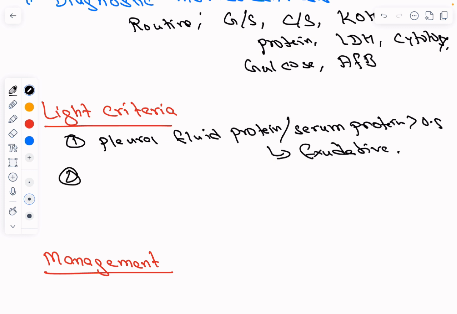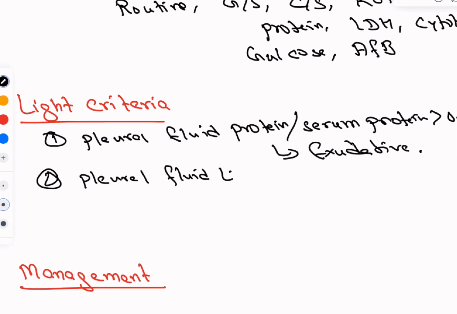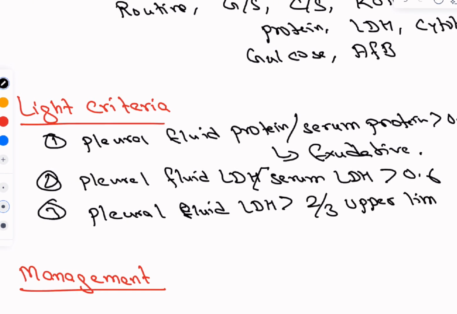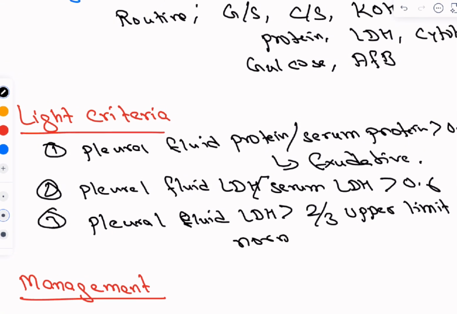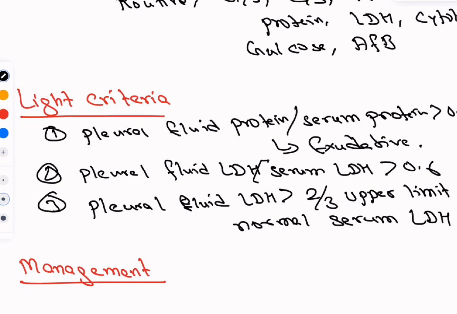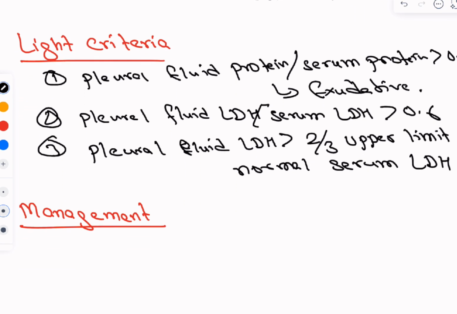Second, pleural fluid LDH to serum LDH ratio more than 0.6. Next is pleural fluid LDH more than two-thirds of the upper limit of normal serum LDH. These are all the criteria of exudative fluid. If any of these criteria are met, then we can call it exudative pleural effusion.